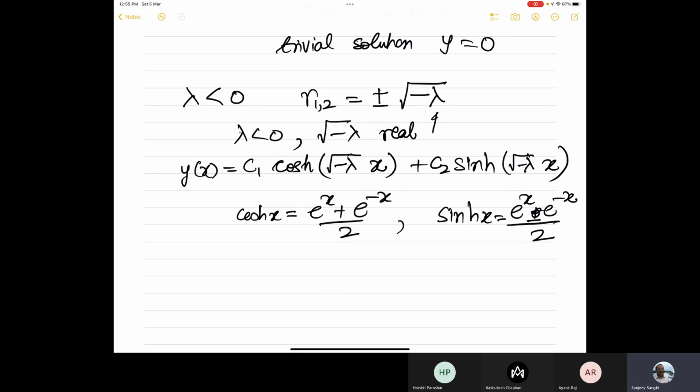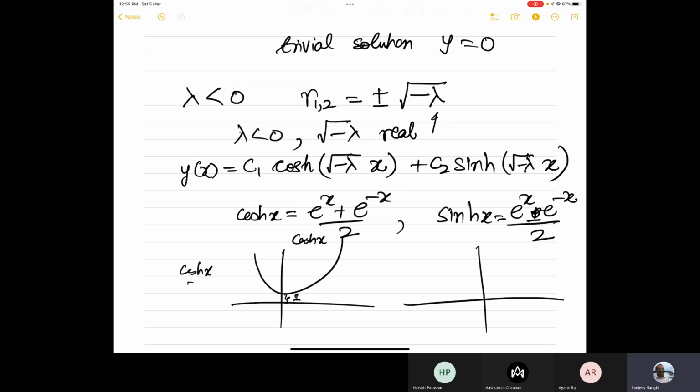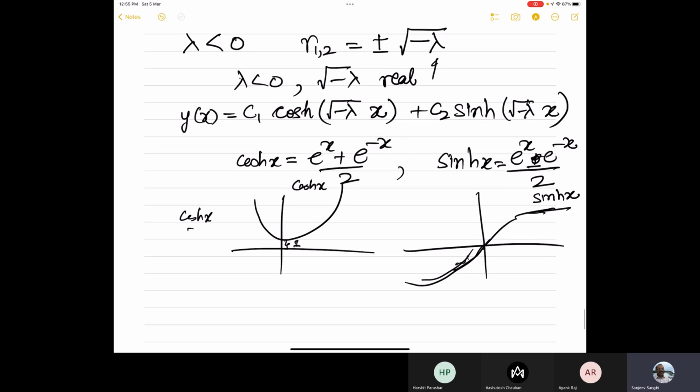And if we plot this, cos hyperbolic x looks like this. This is 1. This is cos hyperbolic x, and this is sine hyperbolic x.